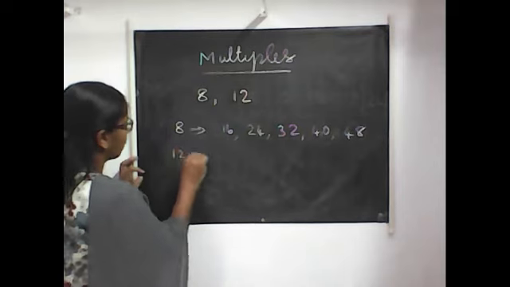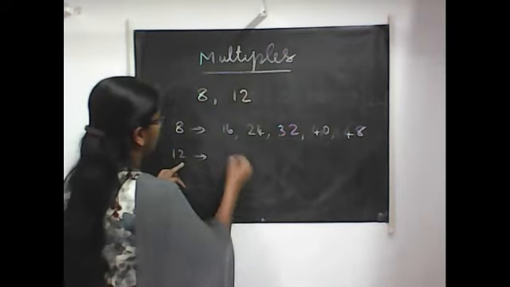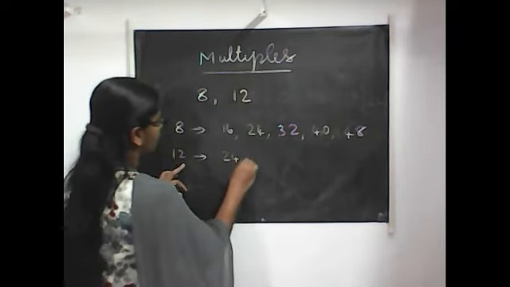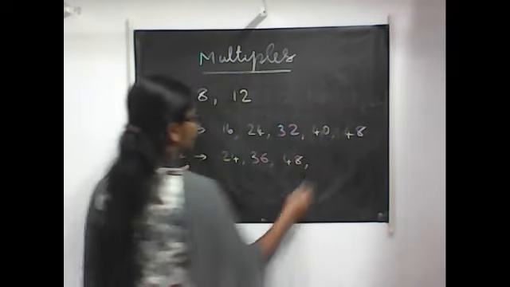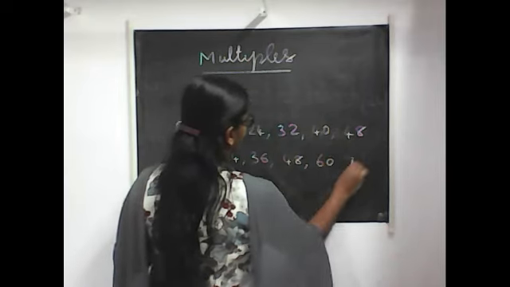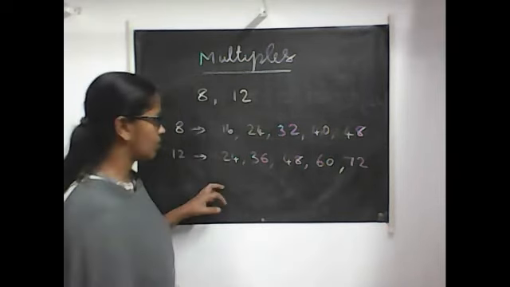Then 12: 12, 24, 36, 48, 60, 72. Like that it goes.